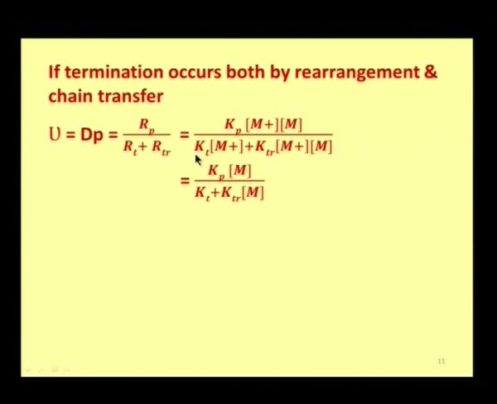Once again this is given by Kp M plus concentration, M concentration, divided by, for Rt you have Kt into M plus concentration, and for Rtr, that is for chain transfer termination, you have Ktr M plus concentration into M concentration. Finally, this is going to be equal to Kp M concentration by Kt plus Ktr M concentration. So, this is the situation when the termination step is going to occur by both rearrangement as well as chain transfer.